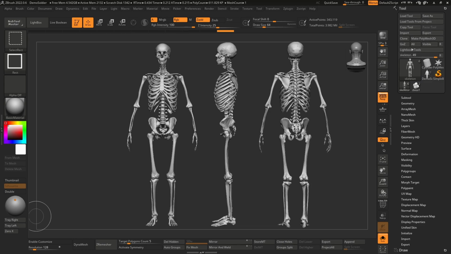We don't really care about what's going on the inside here, or the ridges on the inside of this. It's just not that relevant. Specifically how many ribs you have is rarely relevant to anatomy. How many vertebrae you have is not particularly relevant for the vast majority of the artistic work you're going to be doing.